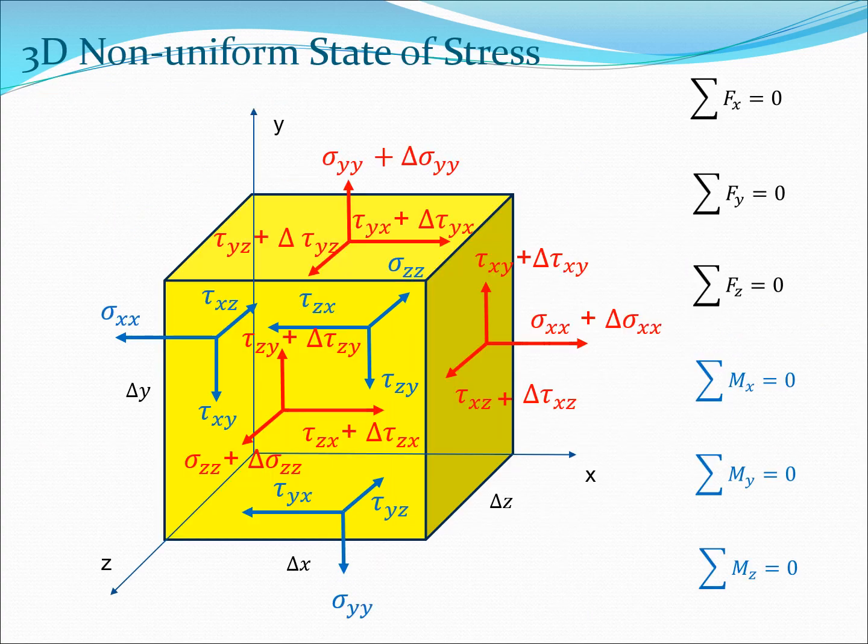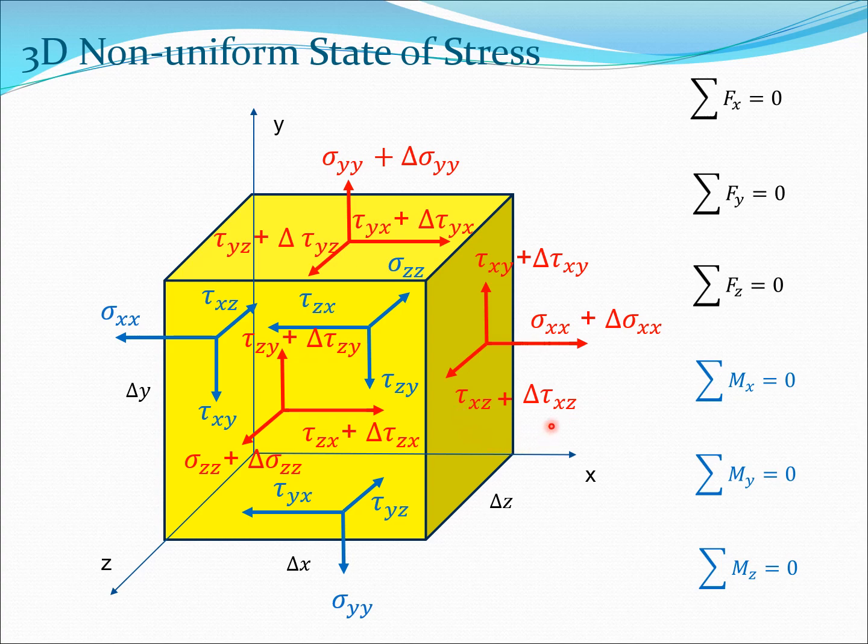Now today let's look at the non-uniform state of stress. So what happens here is that the body is such that on the sides which are facing you, which I have drawn in red, there is an additional change in the stresses. So here you can see the sigma xx has an additional component delta sigma xx.